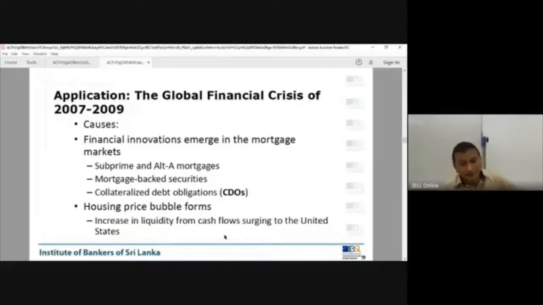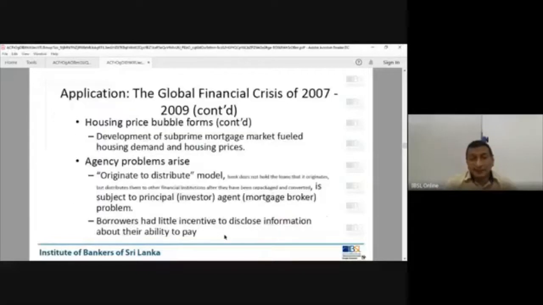Even the liquidity levels in the US were very high, simply because the interest cost of finances extended by regulators and other related agencies was kept at substantively low levels for longer durations, and also because of demand, as I was mentioning, coming from the rest of the world. So these were the circumstances in the US prior to the 2007-09 period.